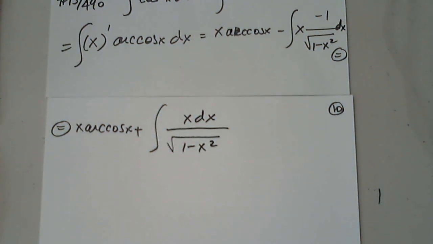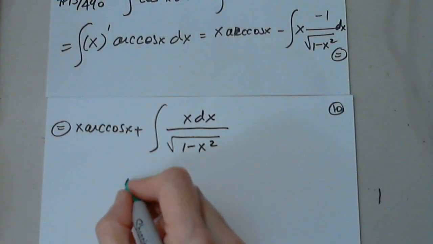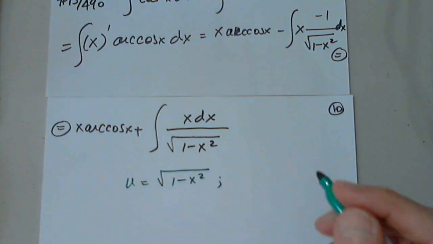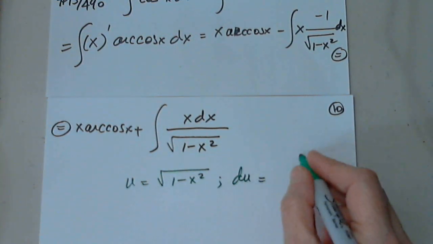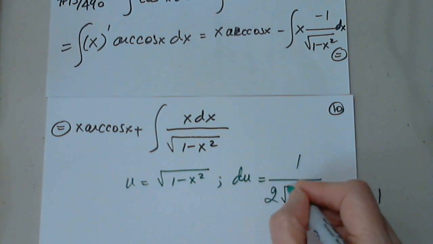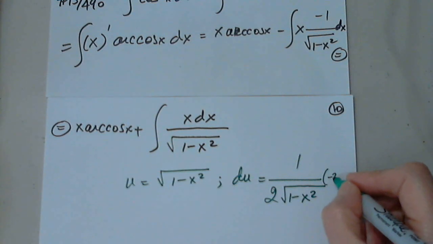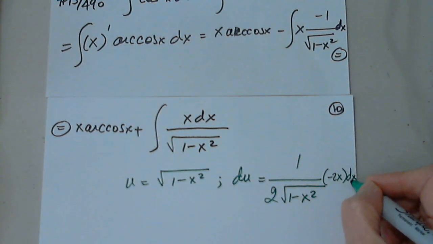Now substitution comes in handy. We did that in chapter 5. I'm going to say let u be the square root of 1 minus x squared, where du equals 1 over 2, the square root of 1 minus x squared multiplied by negative 2x, and of course times dx.